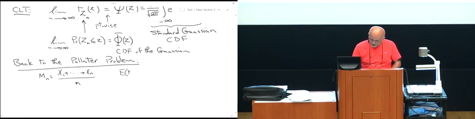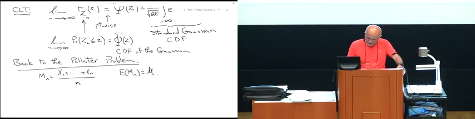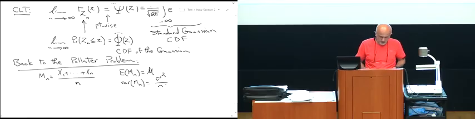We know that the sample mean is an unbiased estimator, so its expected value is mu. Its variance we determined was sigma squared over n. I'm going to remove the sigma subscript x from the discussion.